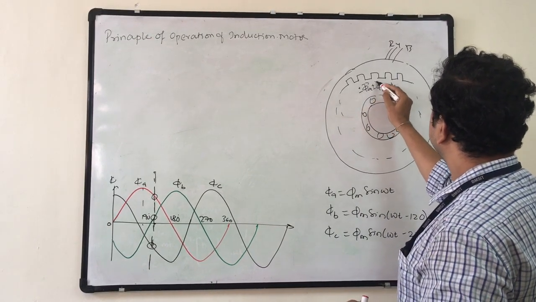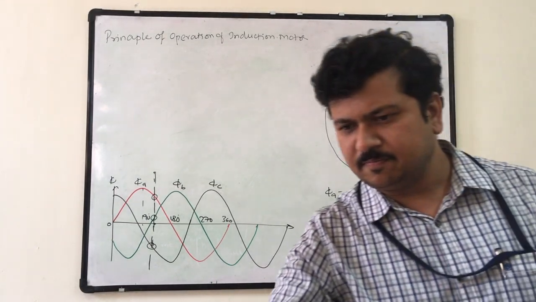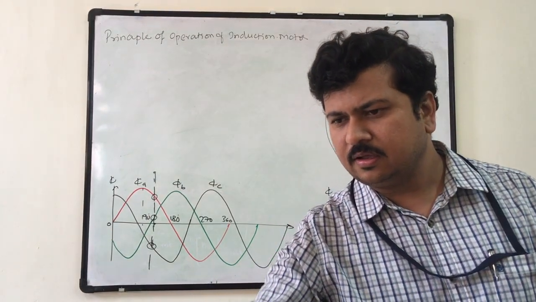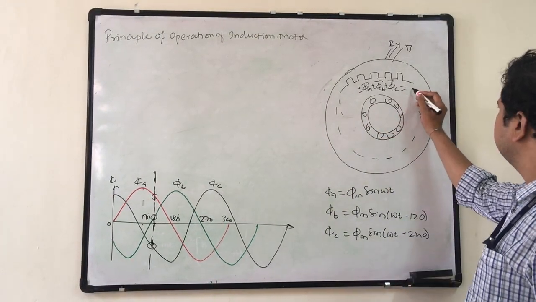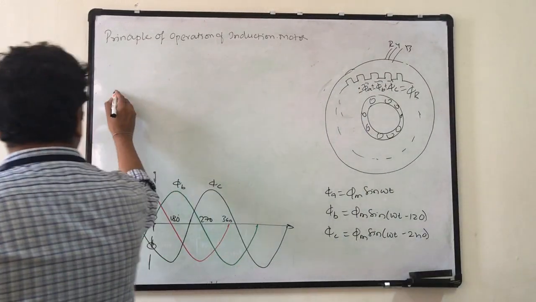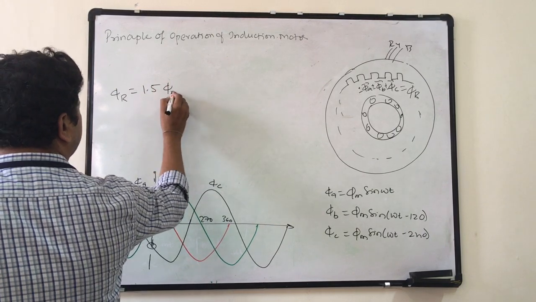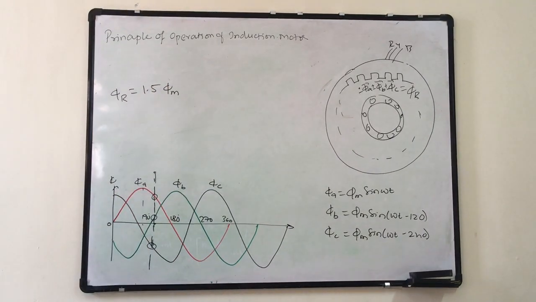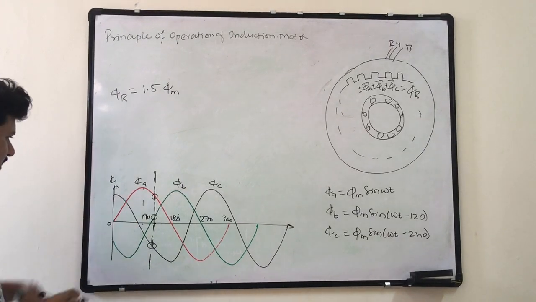Because of interaction between these three fluxes, I get a resultant flux called phi r, and this phi r is equal to 1.5 phi m. The magnitude of the resultant flux is always 1.5 times the maximum flux phi m.